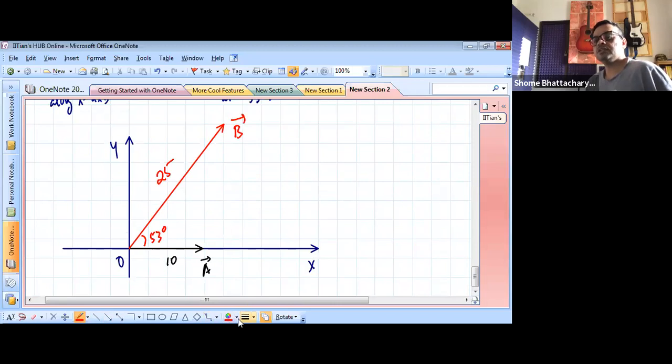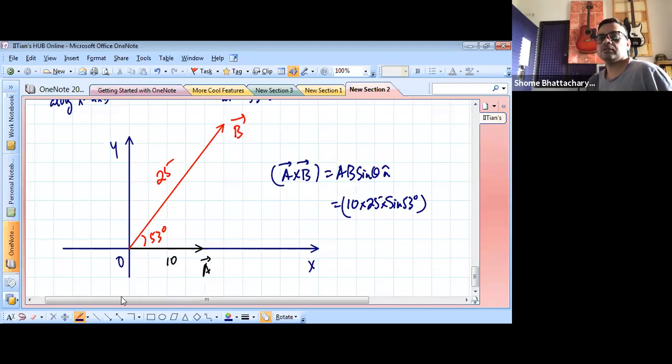So now you can see that if you calculate A cross B here, that's AB sine theta n cap. So that will become 10 into 25 into sine 53. Okay. And what about n cap? You can see it's coming out of the plane. If you point your thumb along A and your fingers along B, you can see your palm is pointing outwards.